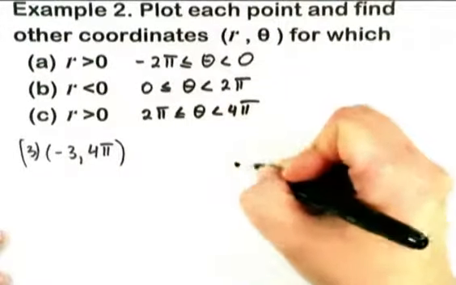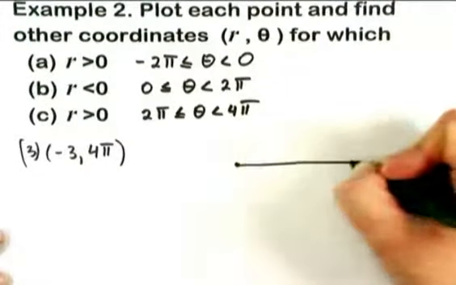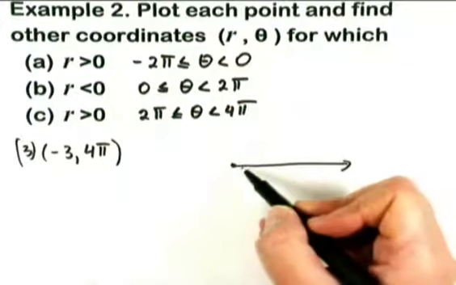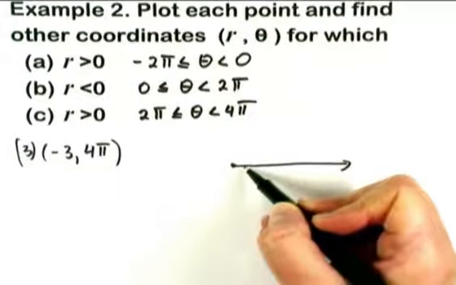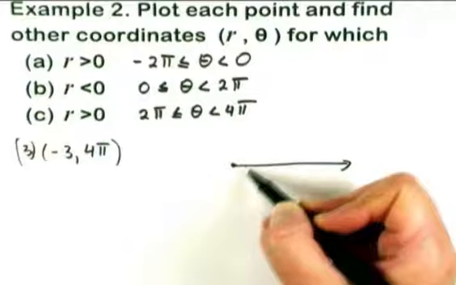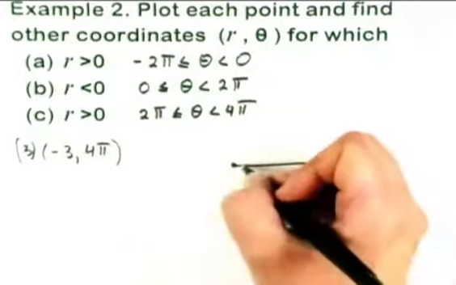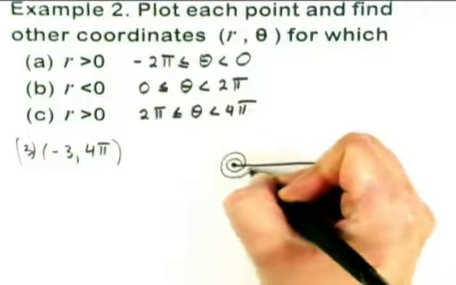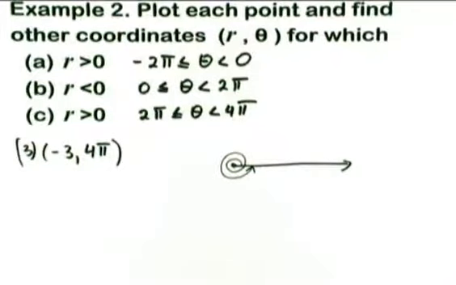We have the pole and polar axis, and we need to find the 4 pi angle. If I'm going once, this is my 2 pi, and twice is 4 pi. So this is 2 pi, and one more rotation. Here is my 4 pi angle. It finishes at the same point, at the same axis.